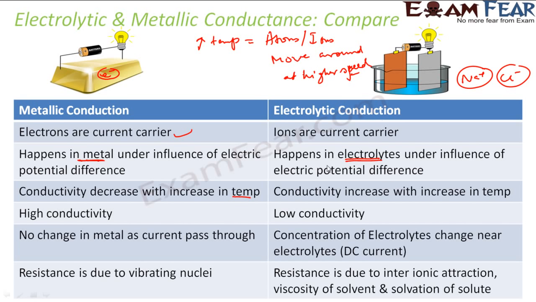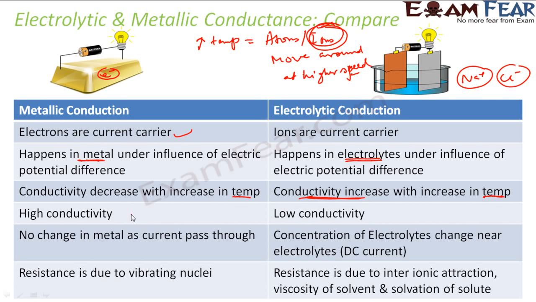But in this case, when you heat up, the atoms or the ions move. Here we have ions only. Sometimes we have atoms also, because for weak electrolytes not all the atoms break into ions, right? So the atoms and ions move around at a high speed. But here the carrier is the ions itself, the current carrier is the ions itself. So as we increase the temperature, the conductivity increases.